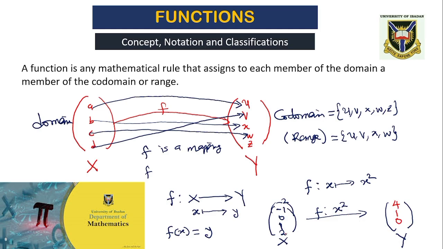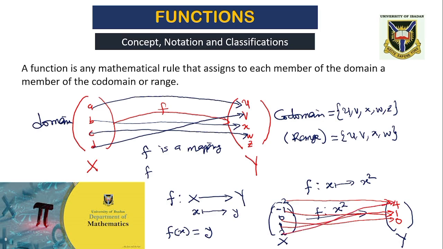Normally there's no need for repetition in a set. Then 2 squared is also 4. You see that? So what this f has done is that it takes minus 2 to 4, minus 1 to 1, 0 to 0, 1 to 1 again, and 2 to 4.